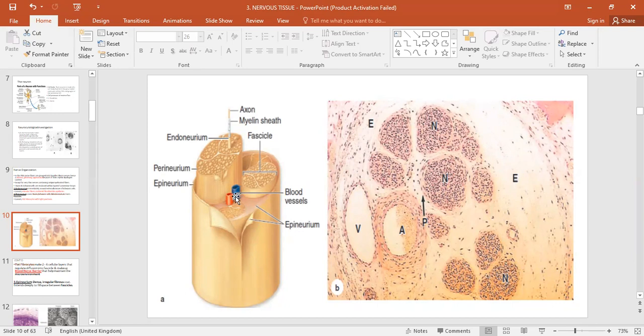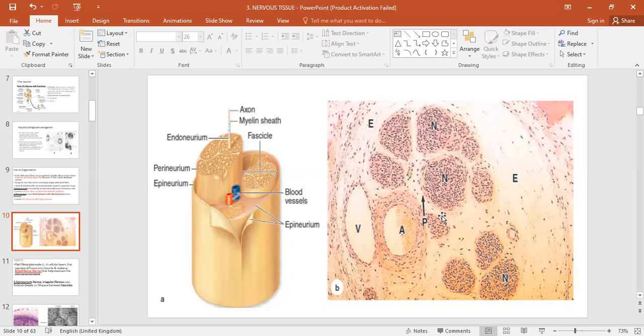Then we see that within the nerve, there are blood vessels, that is artery and vein, to provide nutrients and gases to these cells. Because these cells are living, they will need nutrients and gases. So this structure here is what we are seeing on the other end. This is vein, this is artery. That is one fascicle, another fascicle, another fascicle.